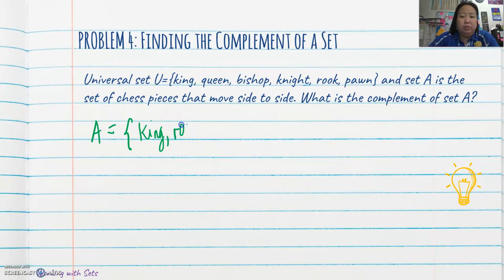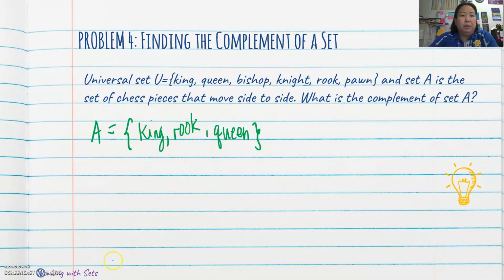The pawn can only move forward, so you cannot have that side to side. The queen, definitely. The queen is the ultimate. It can move in any direction. Now the bishop can move diagonally. The knight can only make L shapes. So these are your set A.